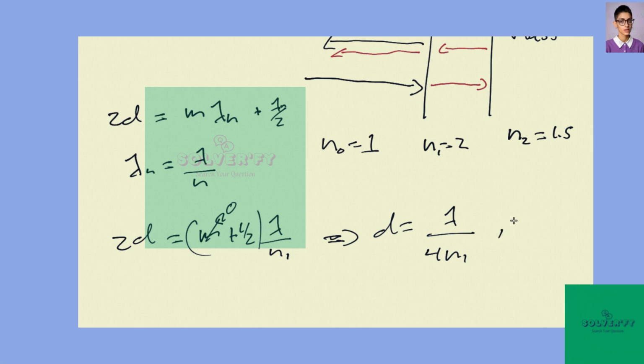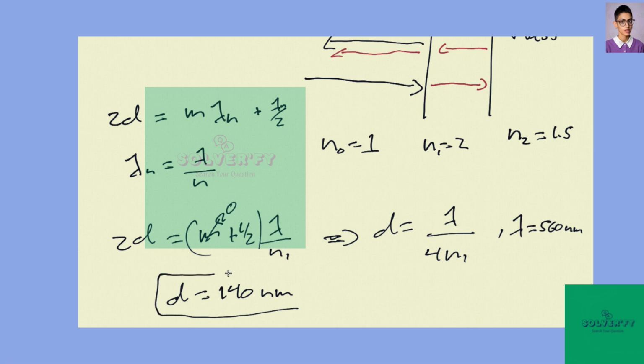And we're told that lambda in the vacuum is 560 nanometers. So plugging everything in, n1 and lambda, into this d here, we find that the minimum distance works out to be 140 nanometers. That's the minimum thickness of the coating.